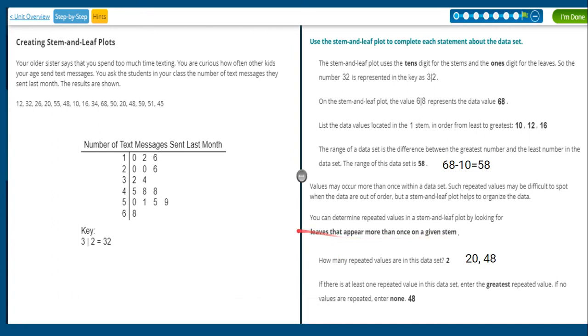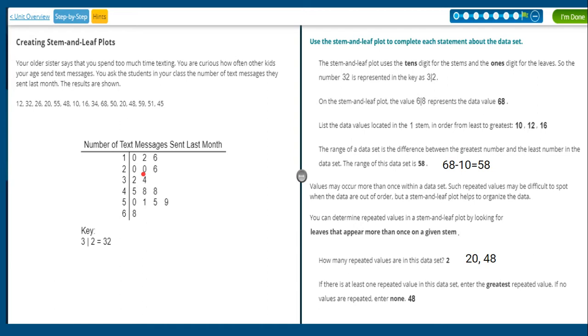So let's come over here and look at our leaves. On the first stem, there are no leaves that repeat. But on the second stem, there are 2 leaves that repeat. It's the number 0. So you have a 0 and a 0.